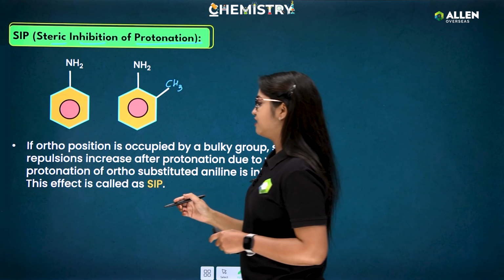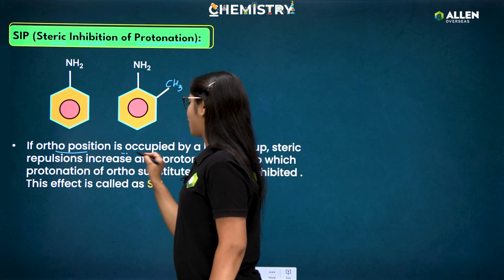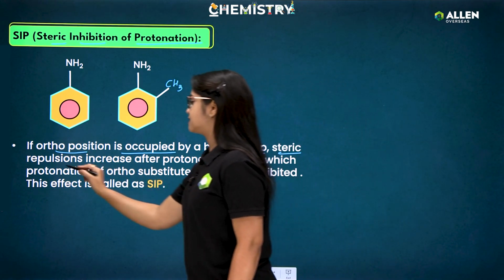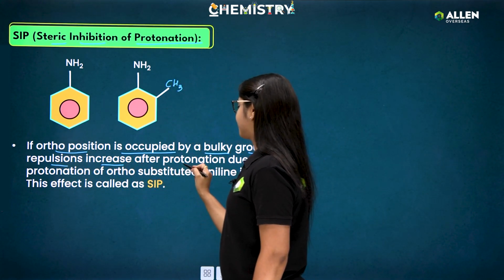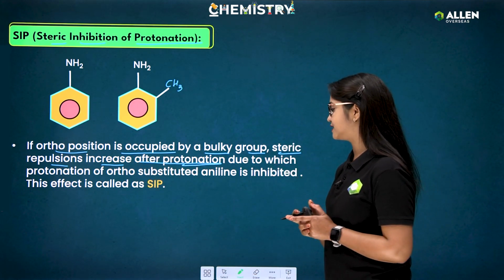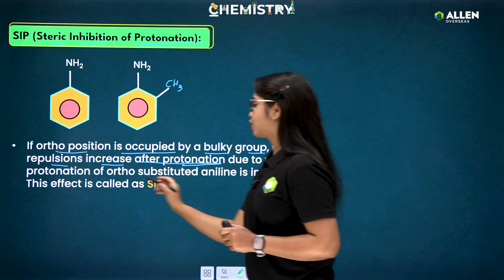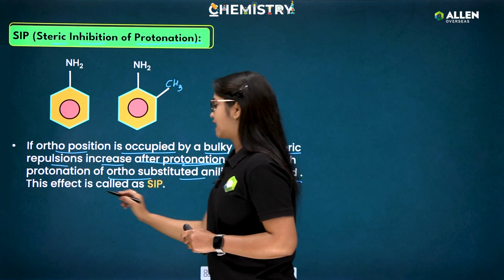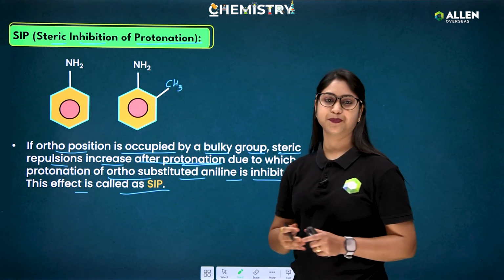If the ortho position is occupied by a bulky group, steric repulsions increase after protonation, due to which protonation of ortho substituted aniline is inhibited, and this effect is called SIP.